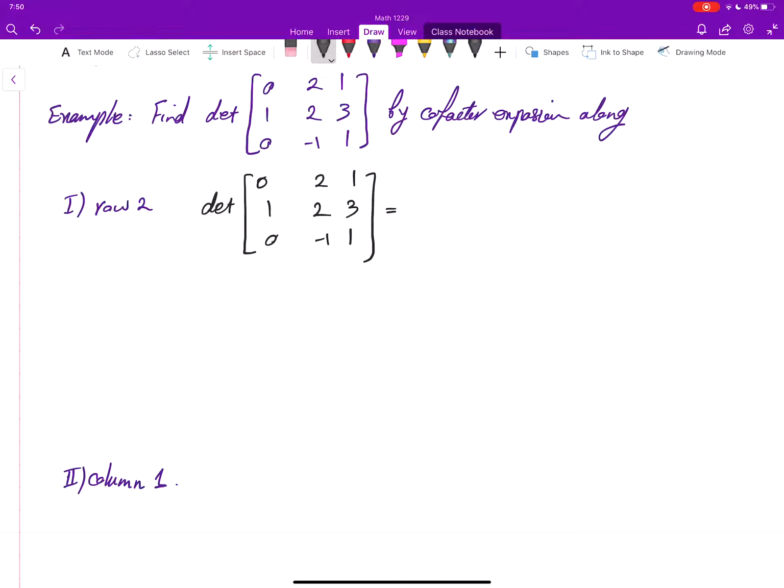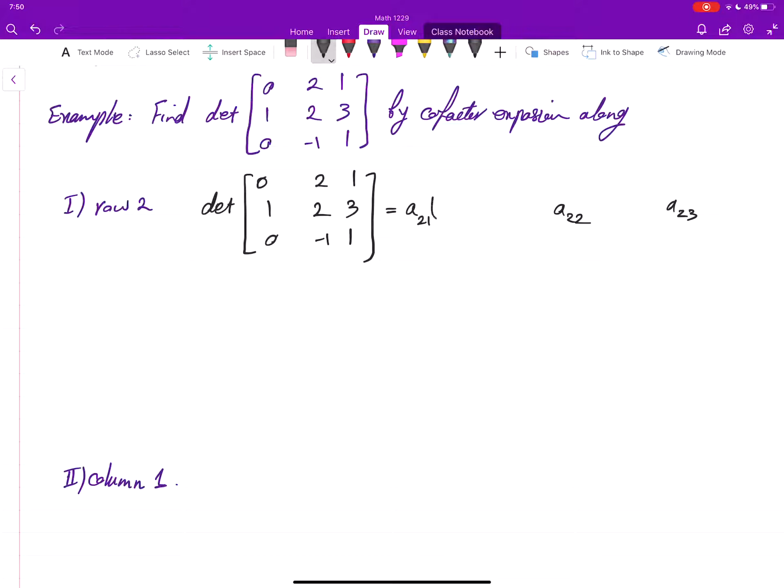Let me just write the formula along row 2 first. I'll need to start with the entries of row 2, which are a21, a22 and a23.